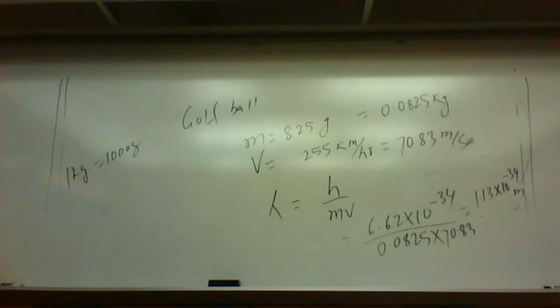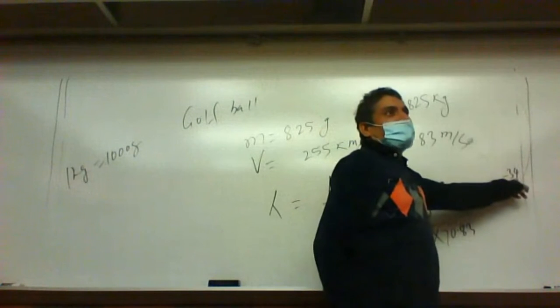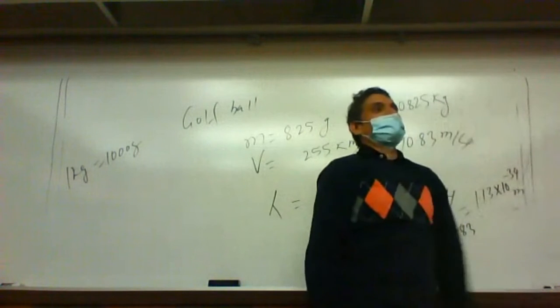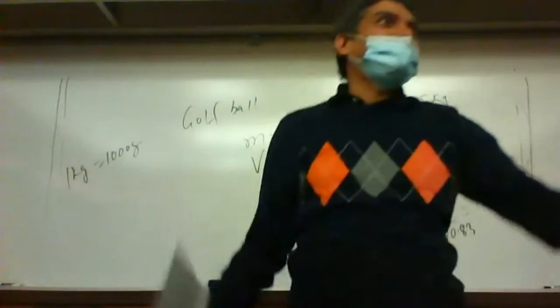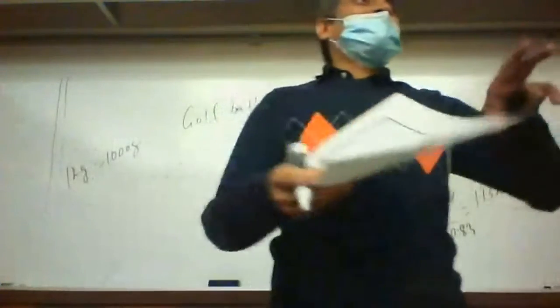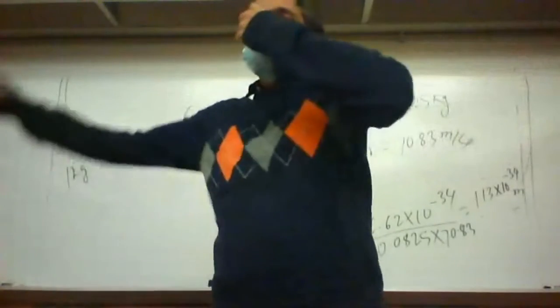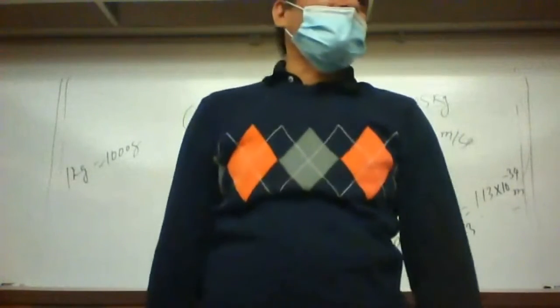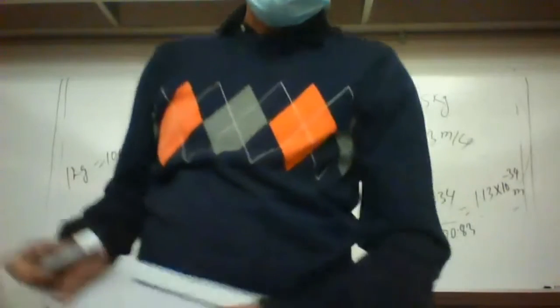You can't see rising and falling waves of the golf ball because it has a really small wavelength, so we can't see it with our eyes. Make sense? So all of us have particle characteristics, but we are also like a vibrating wave. We have a wavelength, but it is really small, so we can't see our wavelength. That's all about this one.